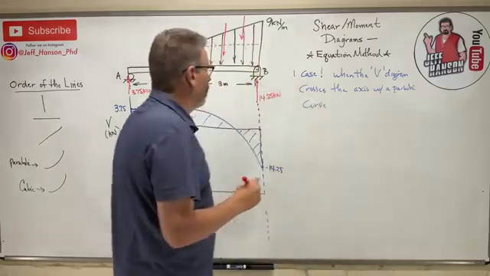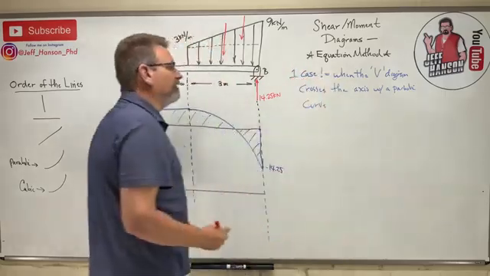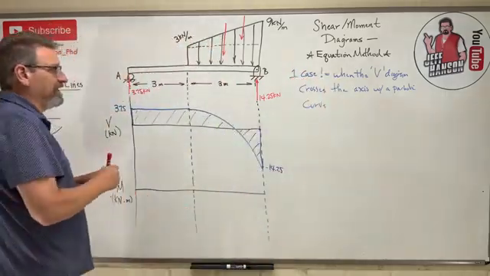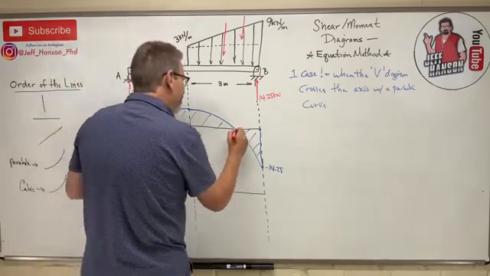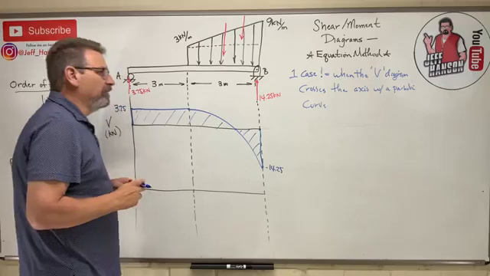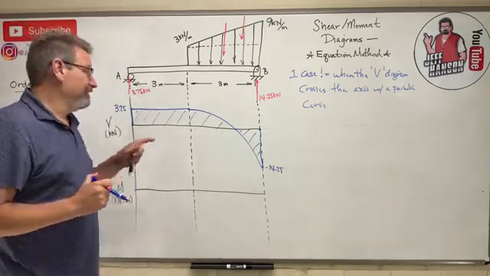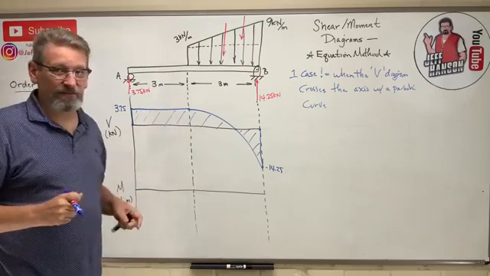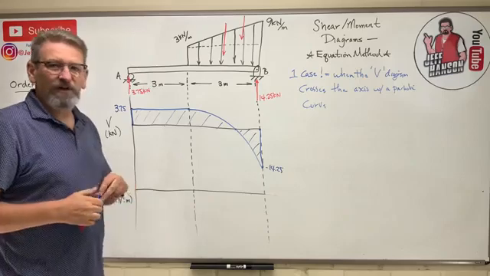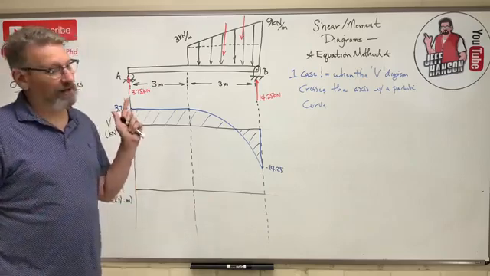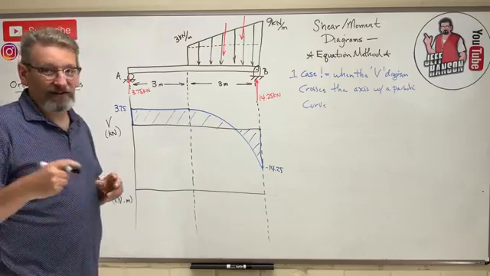The only time, one case, when the V diagram crosses the axis right there with a parabolic curve. We got that case, don't we? Then you got to use the equation method. That's the only time. Every other time, you can watch the last video. You can just use the graphic method, which I love and is nice and easy. But this is the one case that gets a little funky.